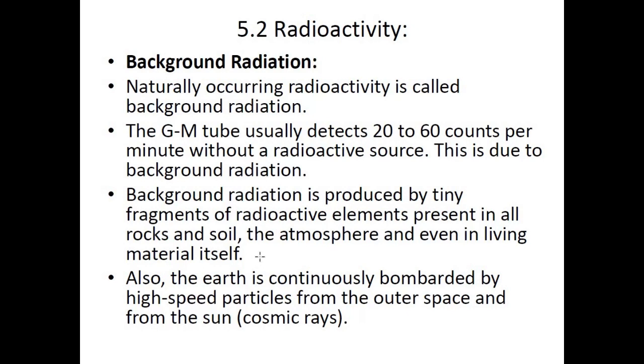Apart from that, we do have natural sources of radioactivity as well, such as the cosmic rays from the sun. The earth is continuously bombarded by high-speed particles from outer space and from the sun. The cosmic rays are also a major source of radioactive emission or background count.